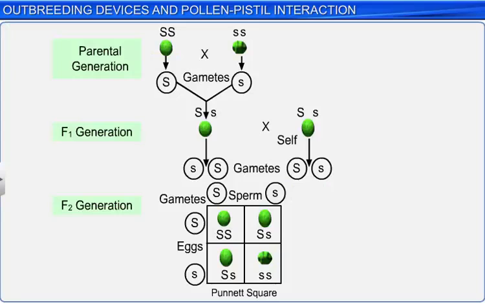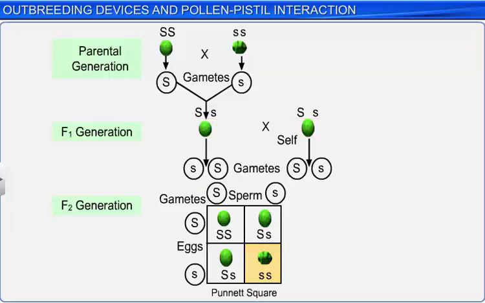In fact, when genetically similar parents self-pollinate, the offspring are more likely to have genes in a homozygous condition. Moreover, the recessive harmful or undesired alleles, which otherwise would not have expressed themselves in heterozygous parents, get expressed in the homozygous offspring.